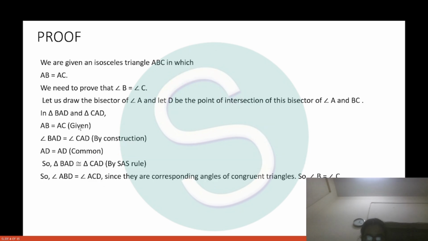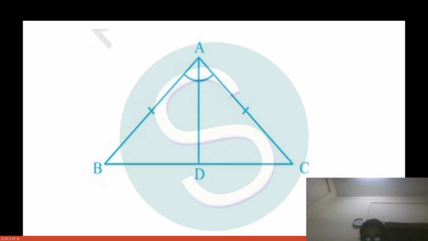Now we will use congruency to prove angle B equals angle C. What is given to us? Side AB equals AC.